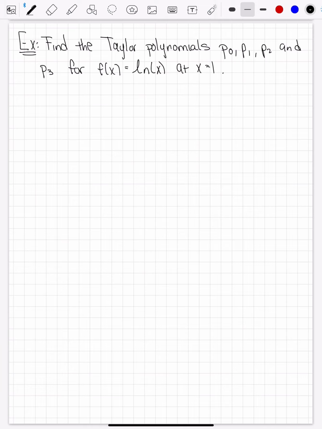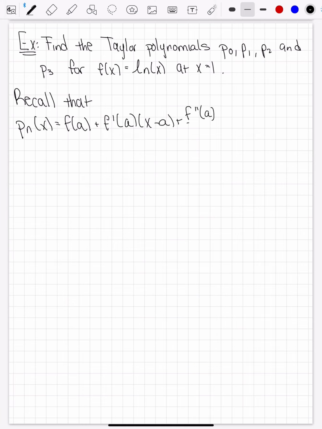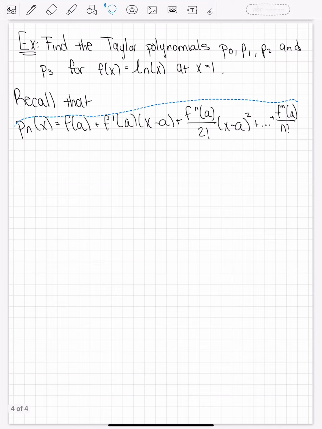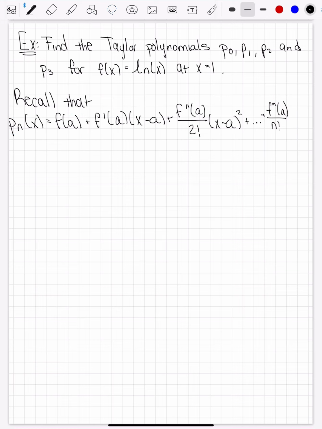The first thing we need to notice is our formula for the Taylor polynomials: Pn of x is f of a plus f prime of a times x minus a plus f double prime of a over 2 factorial times x minus a squared plus, and we go all the way down to the nth term, x minus a to the n.